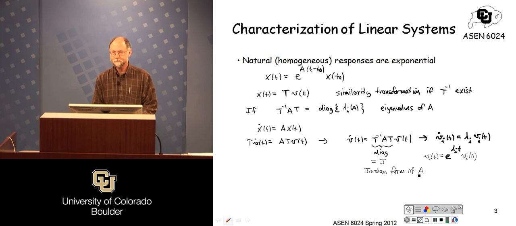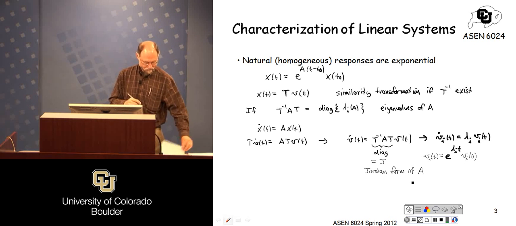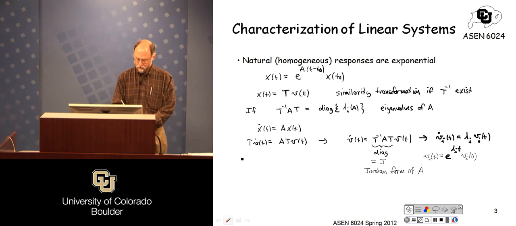Can we always do that? Can we always diagonalize? From an engineering point of view, you can. Yeah, so it turns out if A is what's called semi-simple, then J is this diagonal form.